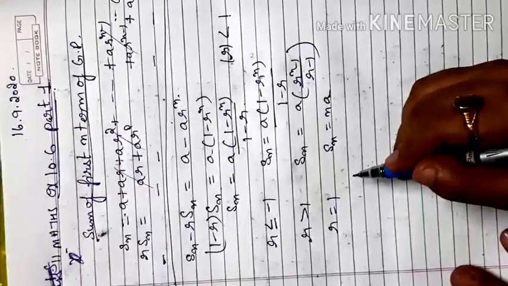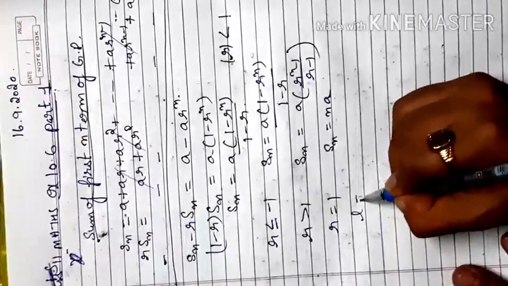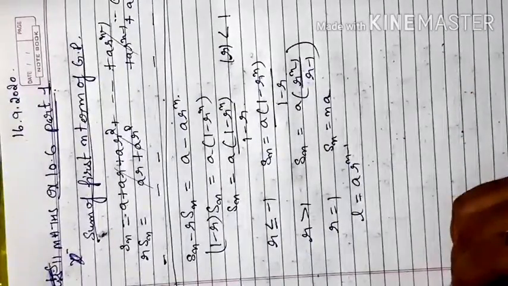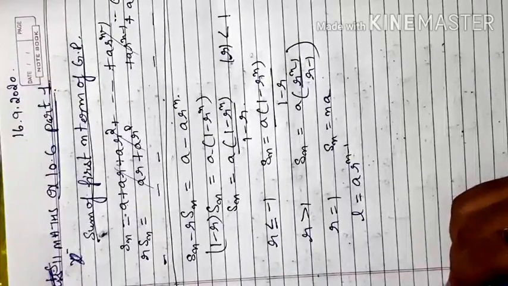Now next, if you are given the last term, you very well know that the last term of a GP series is ar^(n-1). So in that condition, what will be your sum of n terms formula?